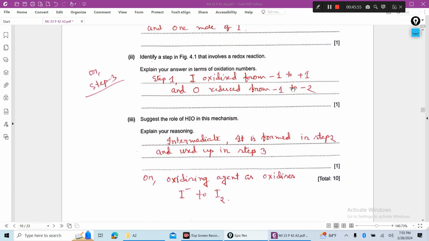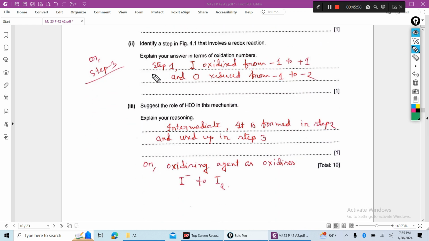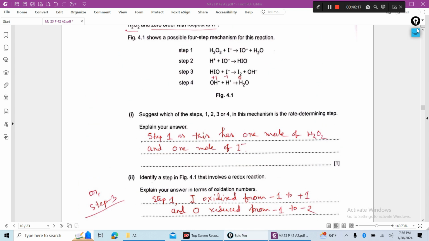So step 1 is the redox reaction. Or you can also write step 3, because in step 3 iodide ion goes from -1 to 0, oxidized, and in HIO iodine is +1, here 0, so HIO is reduced and iodide ion is oxidized. Step 3 is also a redox reaction.